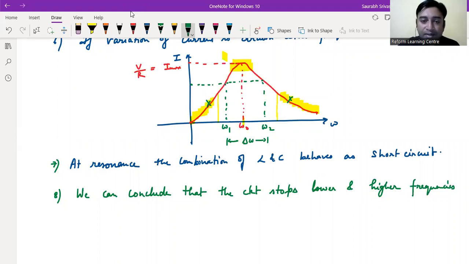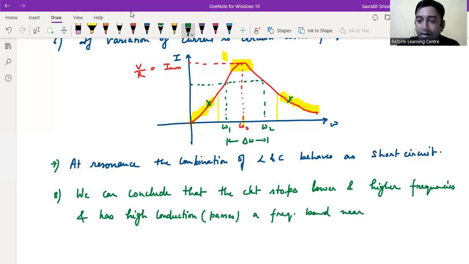Circuit stops lower and higher frequencies and has high conduction. Or we can say it passes a frequency band near omega naught. Omega naught के आसपास conduction ज्यादा है, and other than these frequencies conduction कम है, मतलब वो कम कंडक्शन, मतलब वो स्टॉप कर दे रहा फ्रीक्वेंसीज को, इस डेल्टा ओमेगा को वो पास कर रहा है.